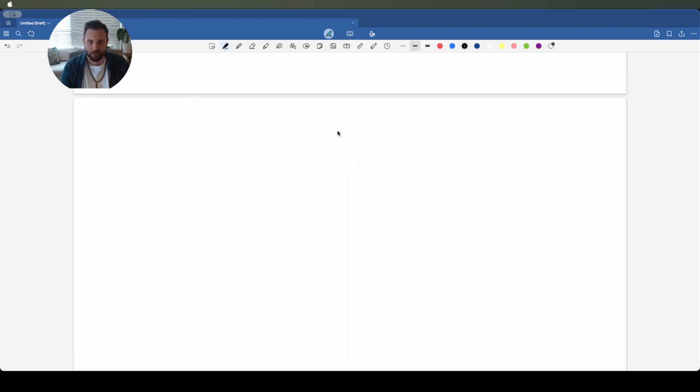But let me go forward with some more mathematical definition. Let me open up my notes. All right, linear combination.